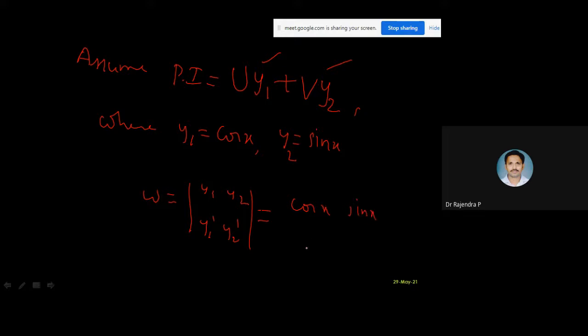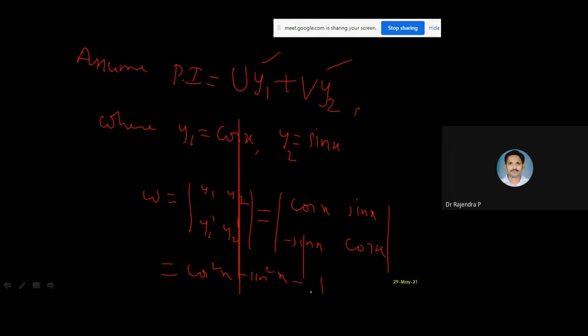The derivative of cos x is minus sin x, and the derivative of sin x is cos x. If you find the determinant, that is cos square x plus sin square x, which equals 1.